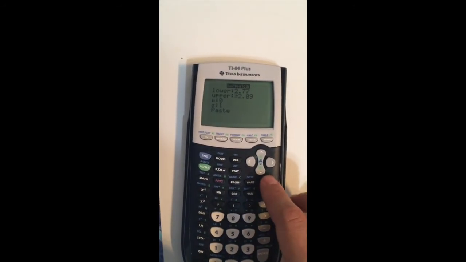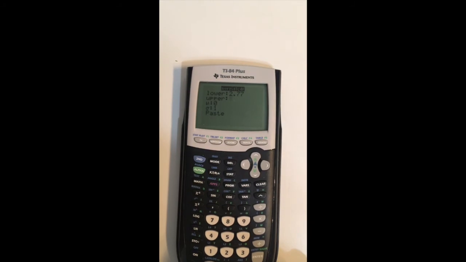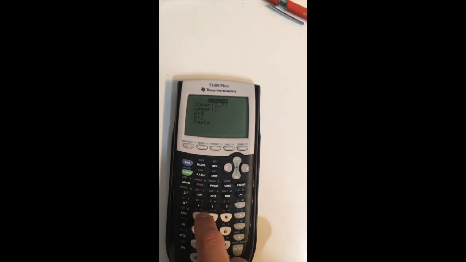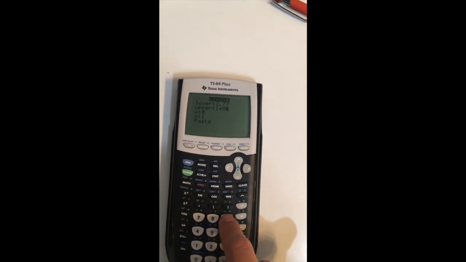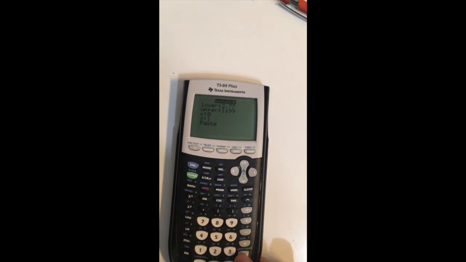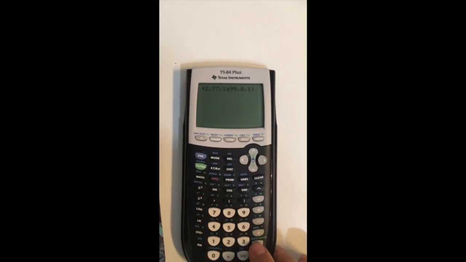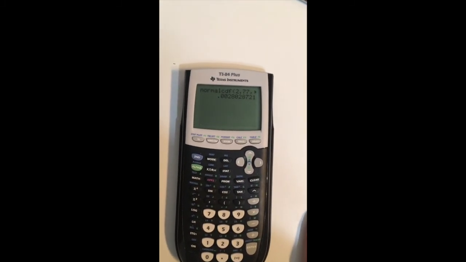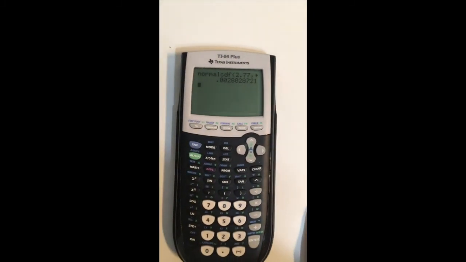And on this one, I'm going to clear it out, and I'm going to write 1 and then second EE 99. I'm going to go down to paste, and I'm going to hit enter and then enter again. If I do that, I get 0.003 if I round it out.